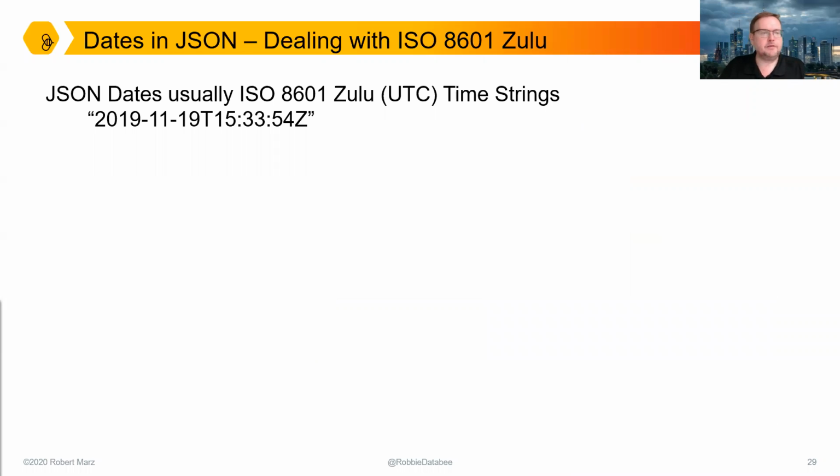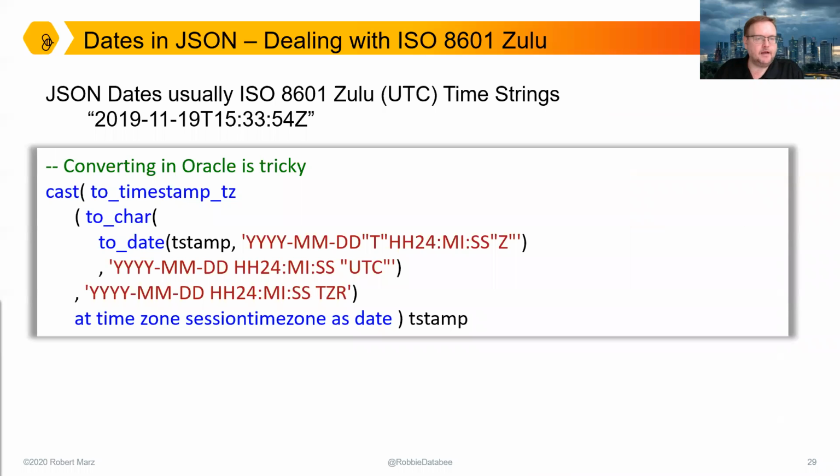So remember that I told you in the beginning that JSON dates are usually stored in ISO 8601 format. And converting those strings in Oracle is a little bit tricky. The first thing, we start on the inside: I'm converting this string to a date by omitting the time zone, so by UTC date.